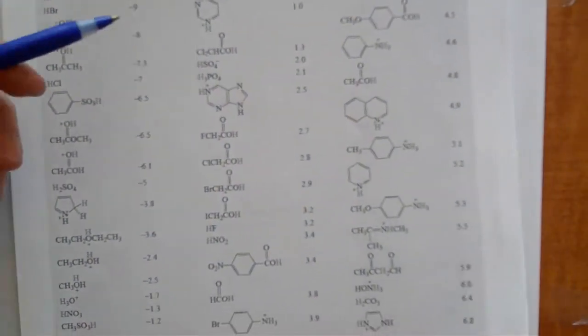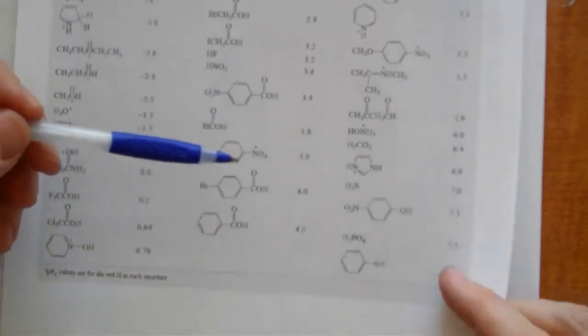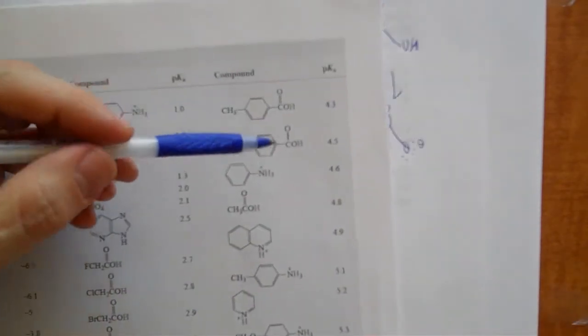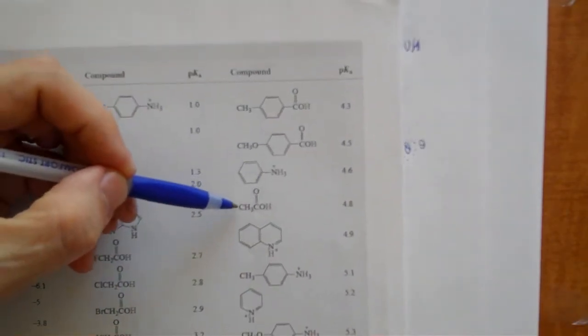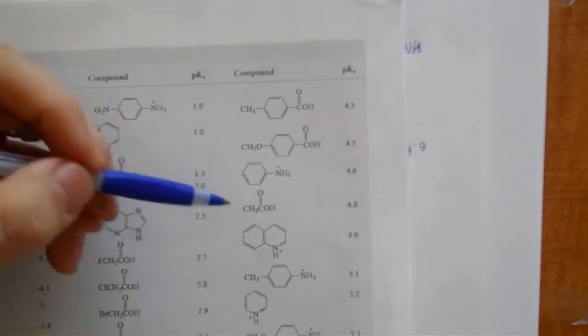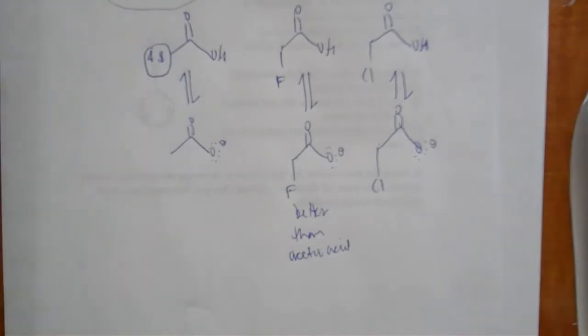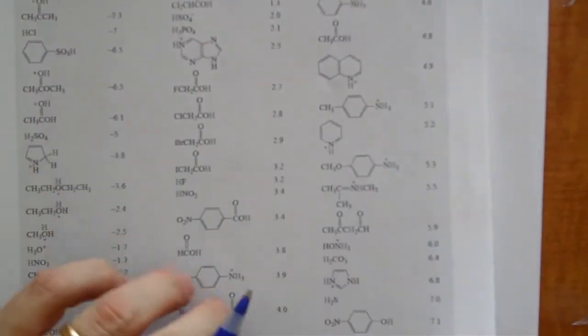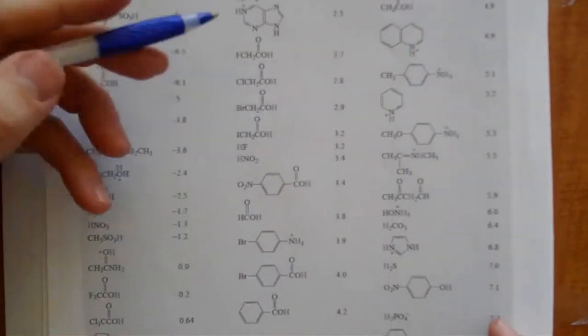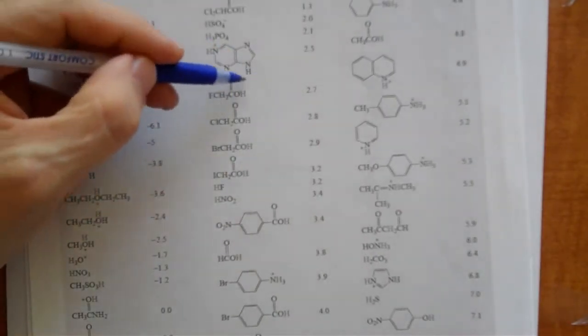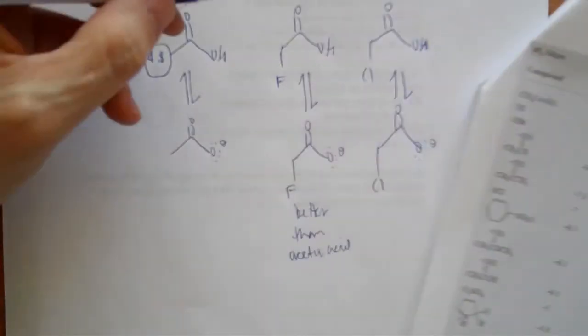So let's go to the pKa table. Acetic acid is right here. That's the structure I drew a moment ago. That's 4.8. Fluoroacetic acid is going to be stronger. It's right here, 2.7. You see that?